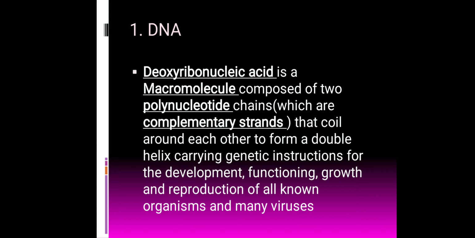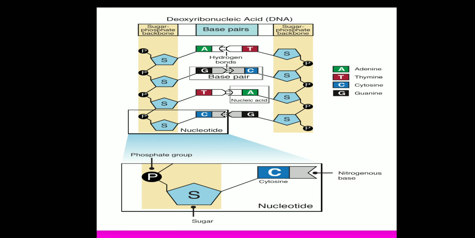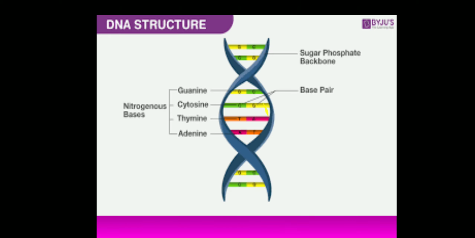Complementary strand means if you have one strand, the other strand can be synthesized upon it, and which is semi-conservative. These complementary strands will coil around each other to form a double helix structure like this. This is a polynucleotide strand, this is another polynucleotide strand.